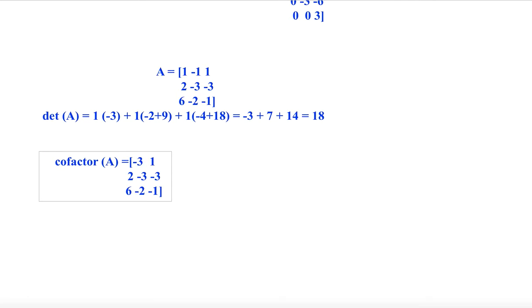So that becomes minus 7. Okay, by minus 7, minus 1 whole power 1 plus, so this is first row, second column, 1 plus 2 is minus, right?